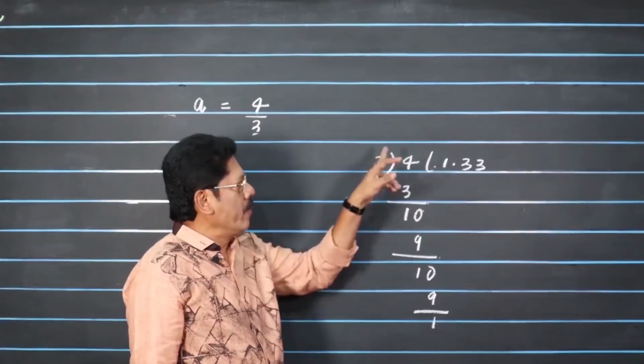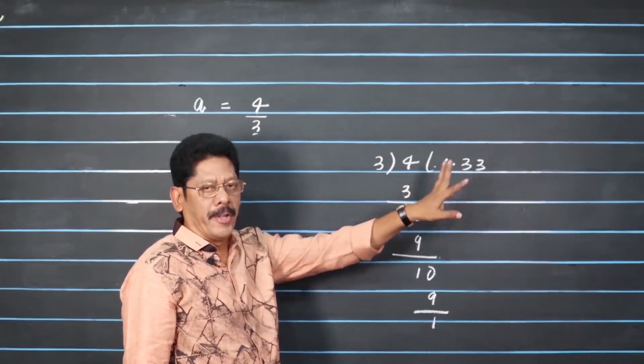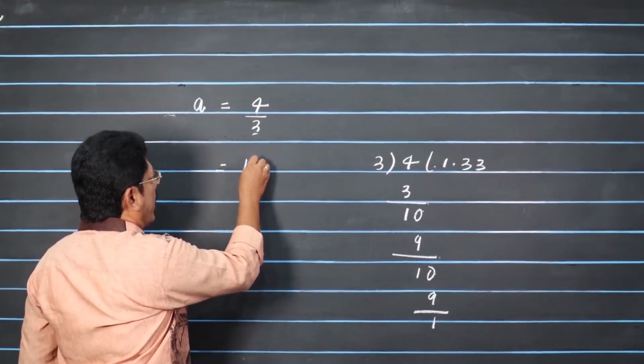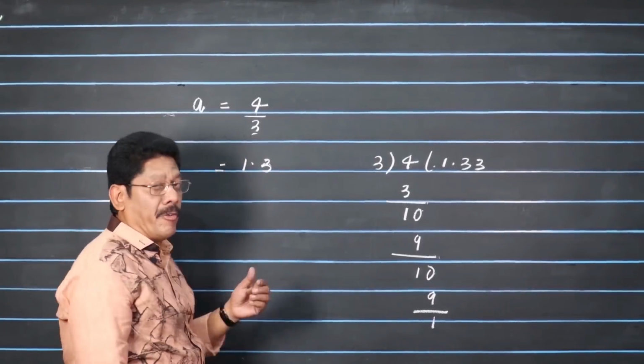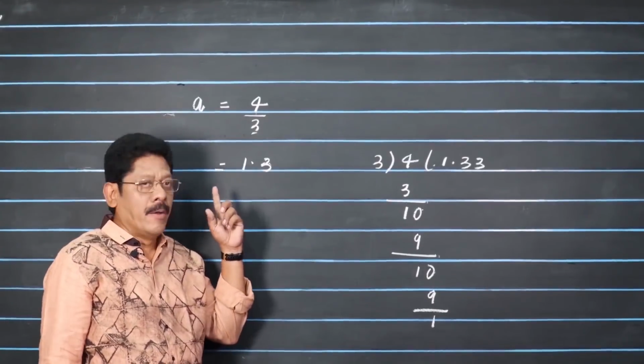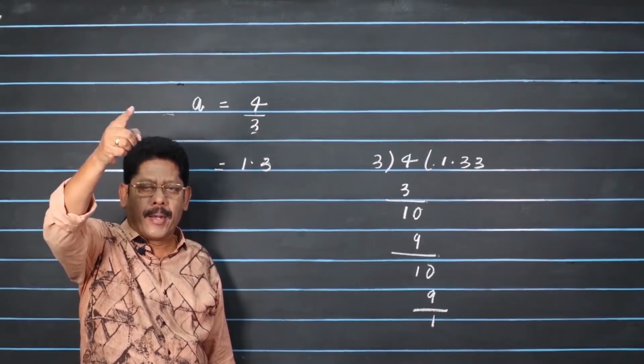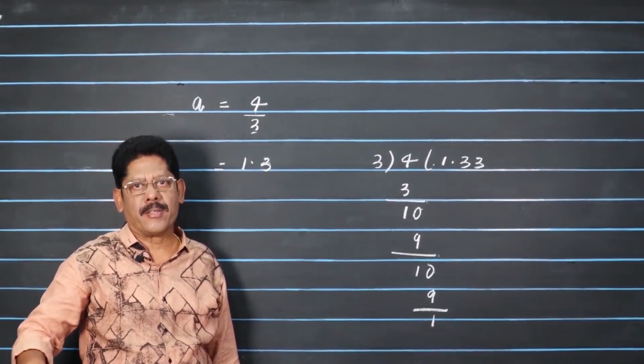Therefore, the value of 4 by 3 will be 1.33, so we can take it approximately as 1.3. Therefore, this value A is the half-length of the transverse axis.